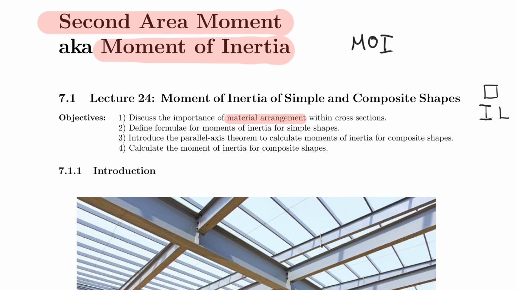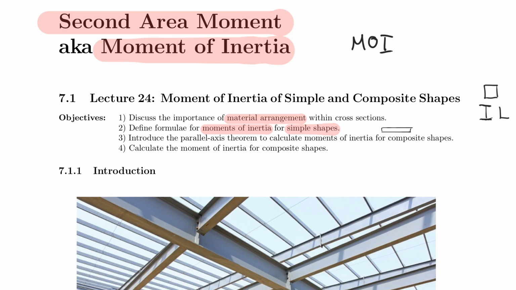And once we have an understanding of that, I would like to talk to you about simple shapes first. So first we need to understand the meaning of simple shapes and the moment of inertia. So what are simple shapes in the context of this lecture? We are talking about shapes that are very well defined in terms of their geometric properties.